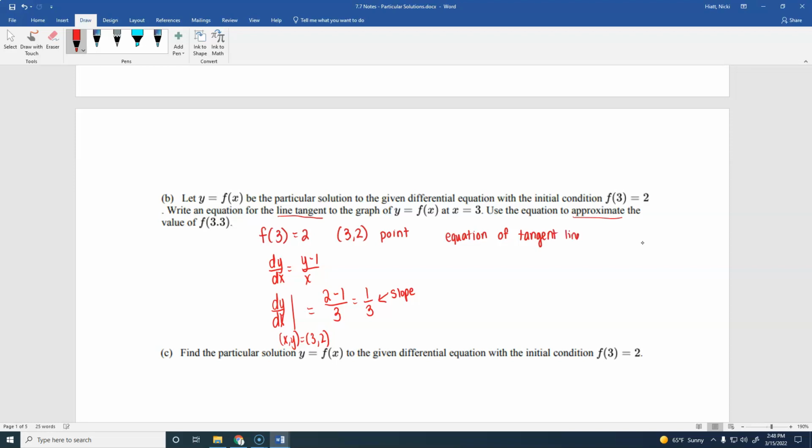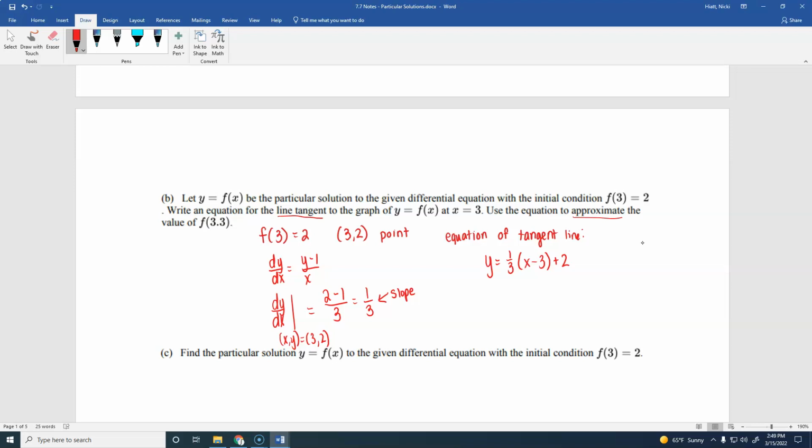You don't have to label this, but it doesn't hurt. It helps the grader understand that you know what you're doing. And then they ask us to use this equation to approximate f of 3.3.